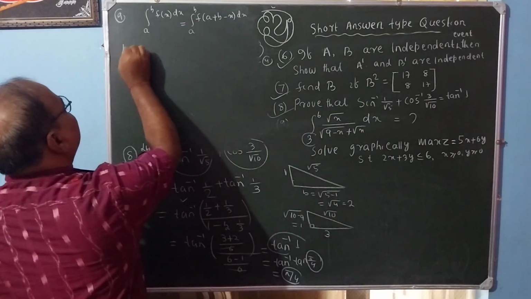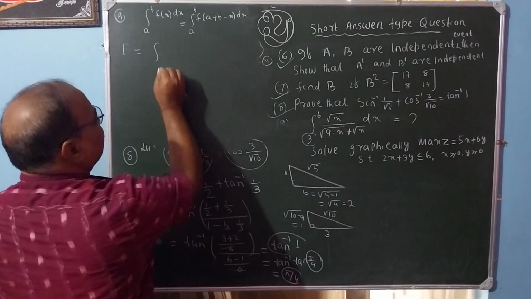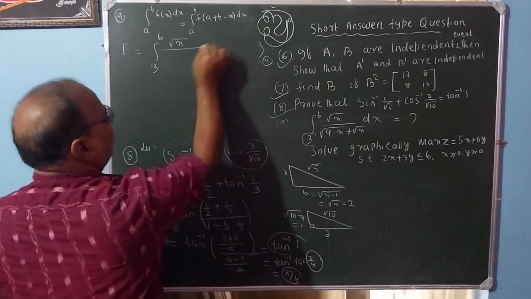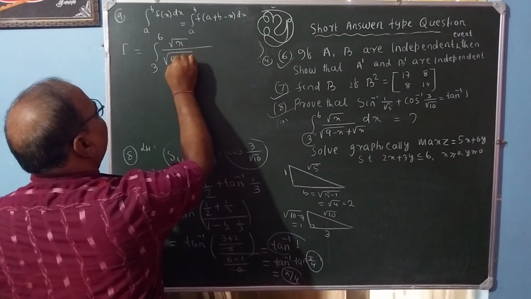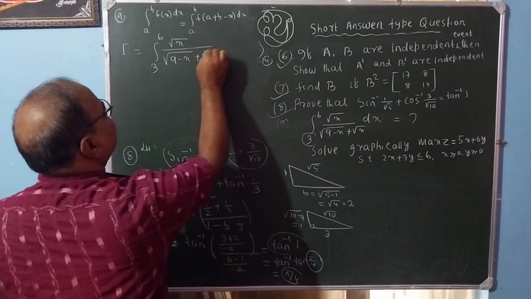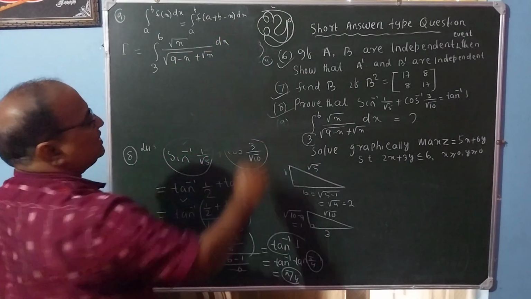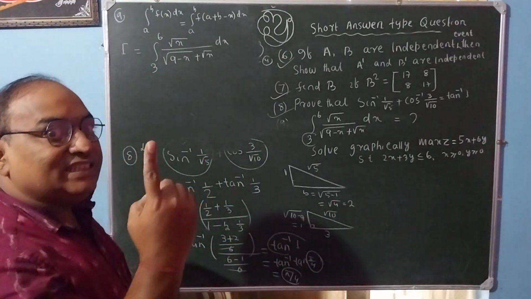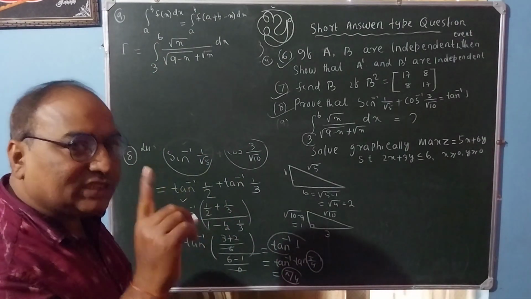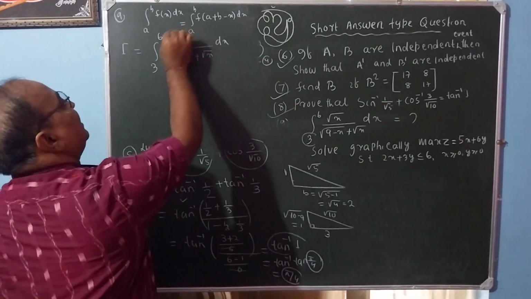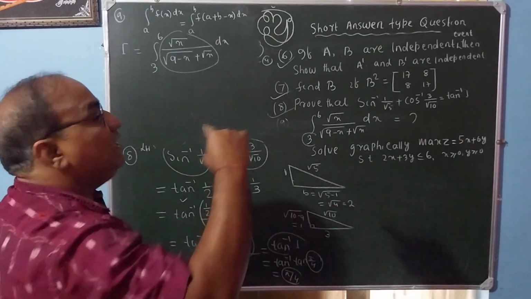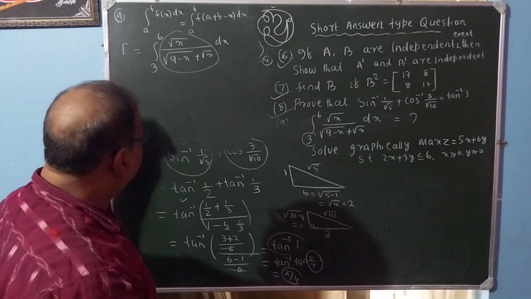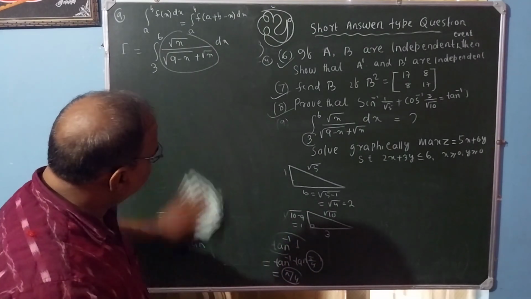So let's write down I is equal to integral from 3 to 6 of root x divided by 9 minus x plus root x dx. A is 3, b is 6, a plus b is 9. Whenever you see x, it is replaced by 9 minus x.